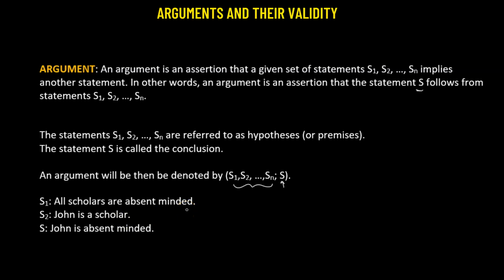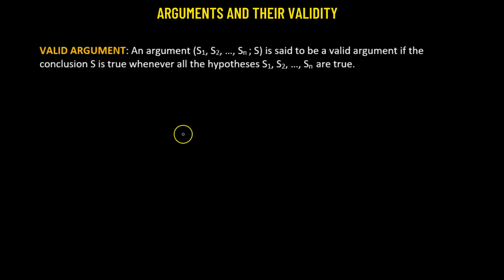Let's define a valid argument: an argument defined by hypotheses S1, S2, all the way up to Sn, and conclusion S, is said to be valid if the conclusion S is true whenever all the hypotheses are true.